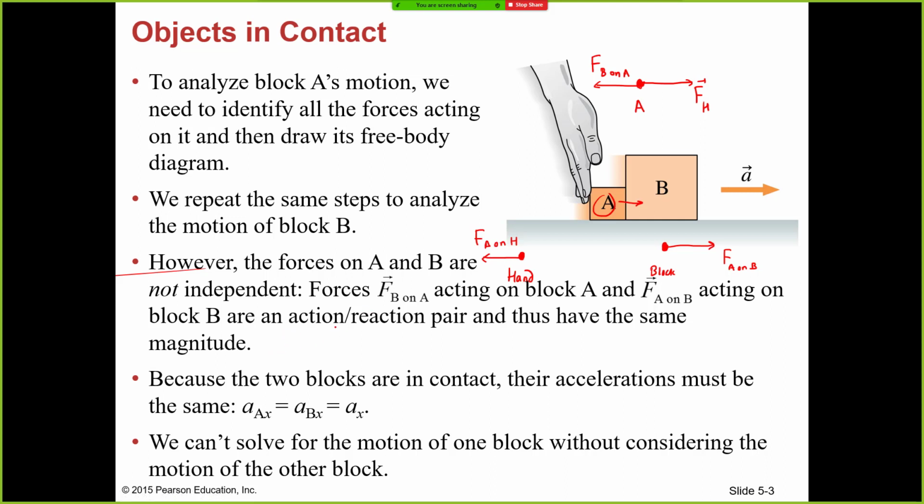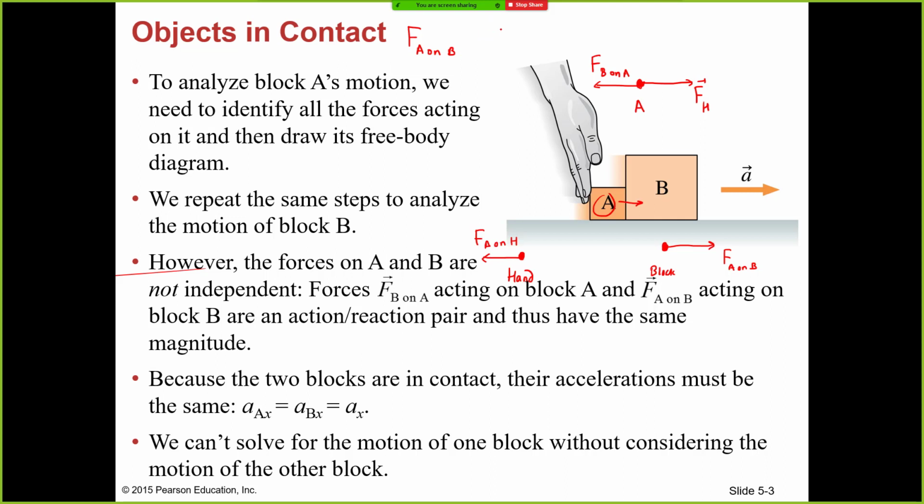And then you need to identify action and reaction pairs. Which ones are action and reaction pairs? It's pretty easy to identify them. If you have a force like force of A on B, then you flip the letters. That would be the reaction force.